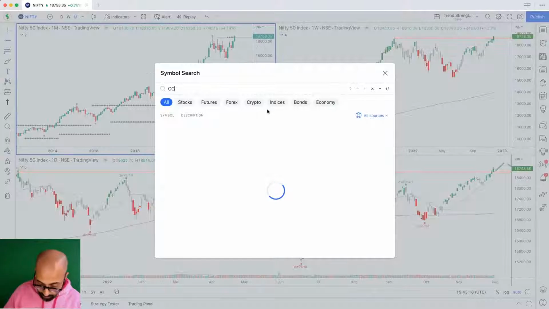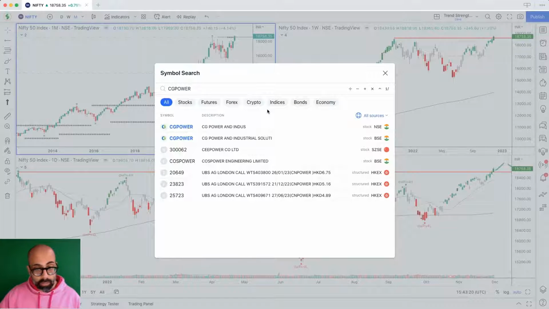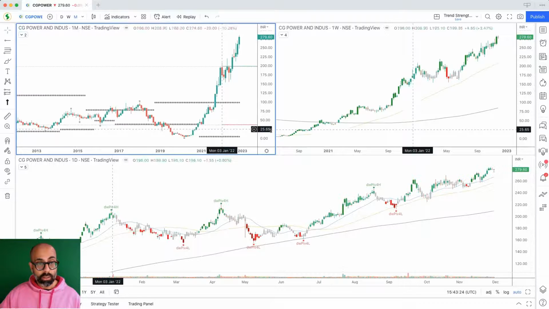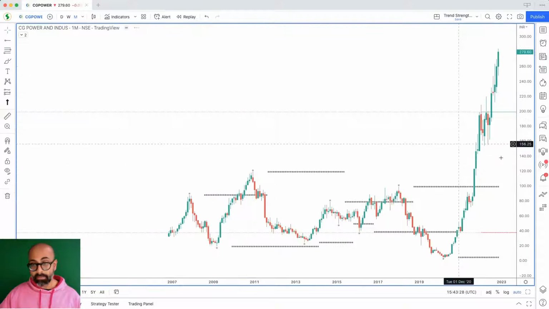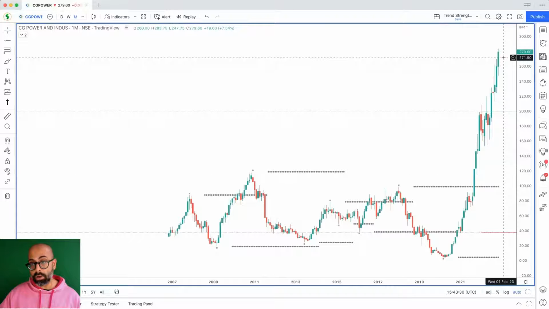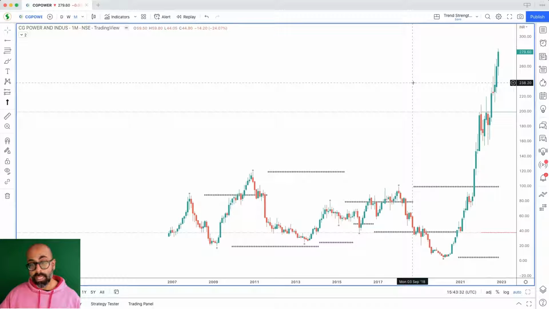There is one stock that I did come across through some of my scanning and analysis. This is an Indian stock, which is called CG Power, ticker symbol CG Power. If you have a look at this stock, it's going through the roof, right? So just out of curiosity, why would you want to be focusing on Bitcoin when you could potentially have a stock like this in your portfolio?